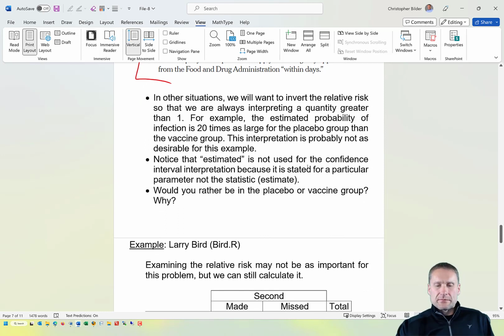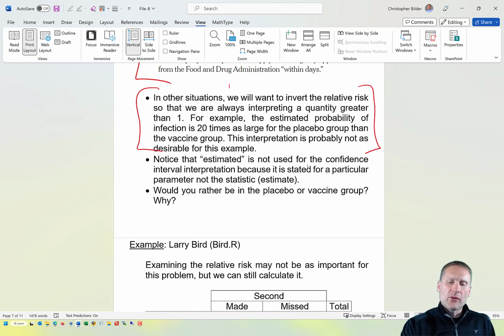Sometimes, when we're working with the relative risk, we would prefer to always interpret a relative risk that is greater than 1. Sometimes it's a little bit easier to word the interpretation that way.